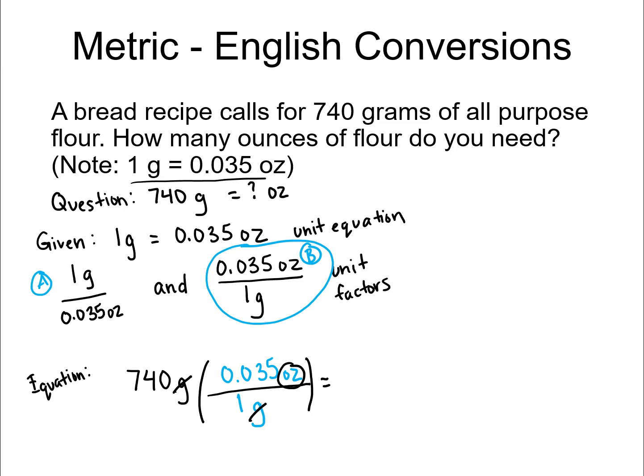It may seem a little silly to do when we've only got one conversion factor, but we won't always just have one. So get in the habit of checking. Now all you have to do is 740 times 0.035, and that should give you an answer.